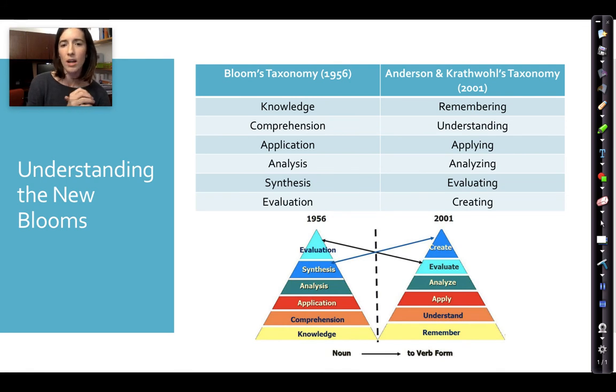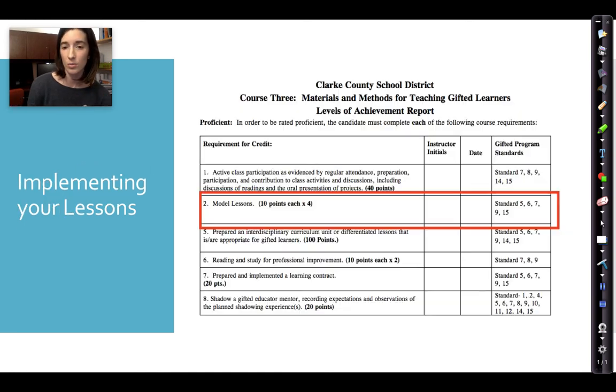And so hopefully this little website might be helpful in refreshing your memory about some of the different levels of thinking, or types of activities or types of assessment that you can use and incorporate into your Bloom's taxonomy model lesson that's due this week.